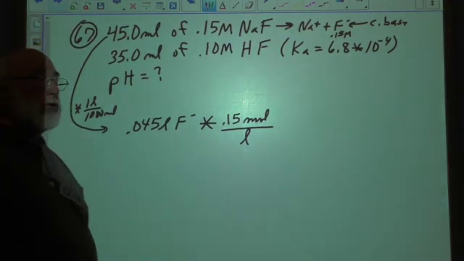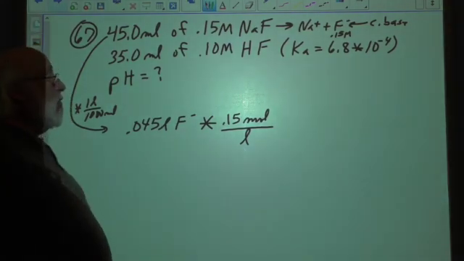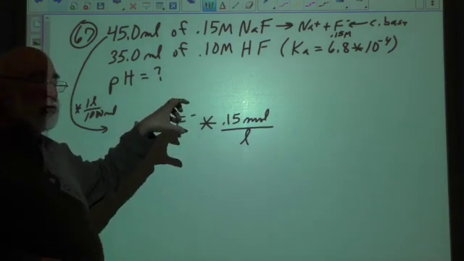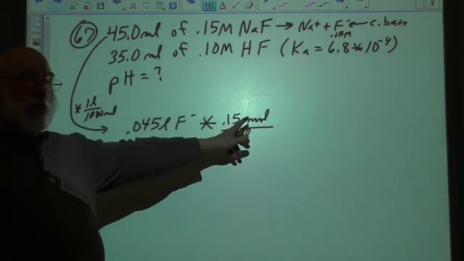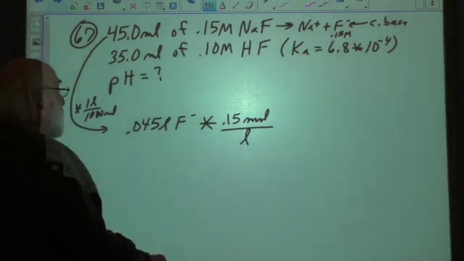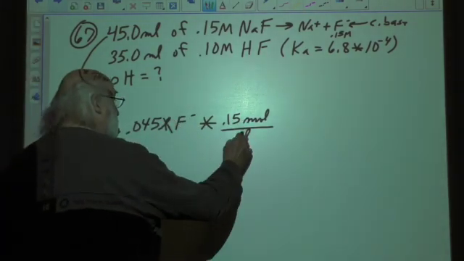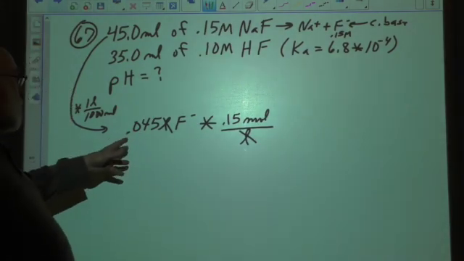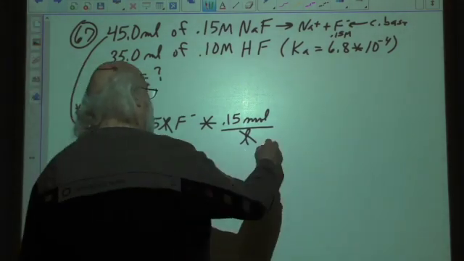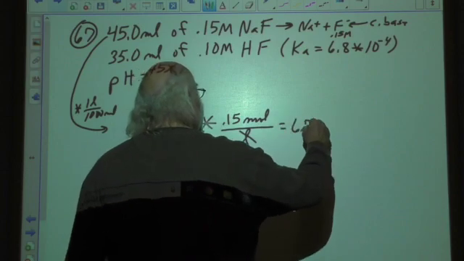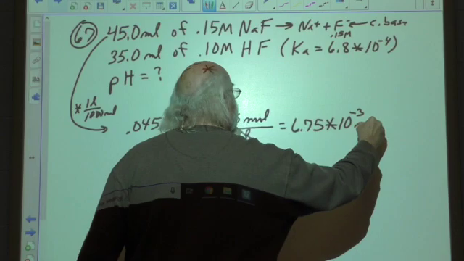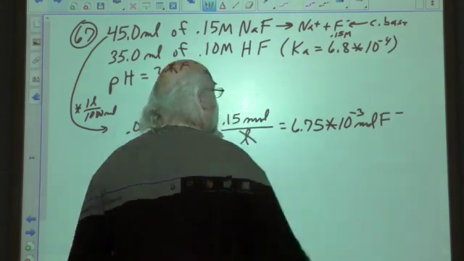Now the reason why we're doing this is because we have to figure out the concentration after the total volume of the two solutions are added together. So we have to know how many moles we have of this. So we cancel those out, and we multiply 0.15 times 0.045, and we get 6.75 times 10 to the negative third moles of F negative.